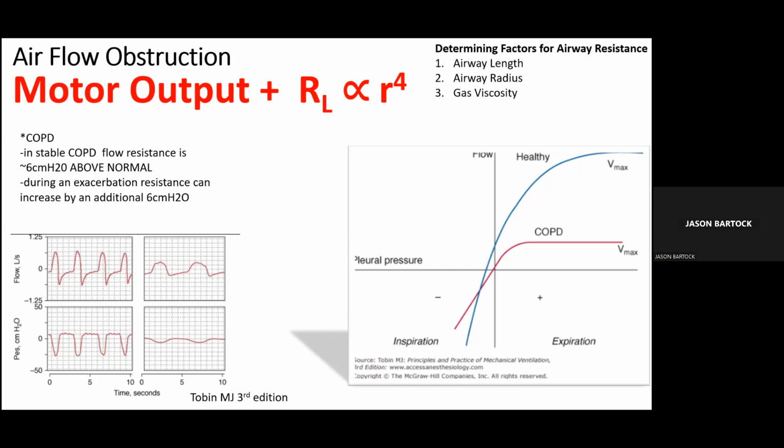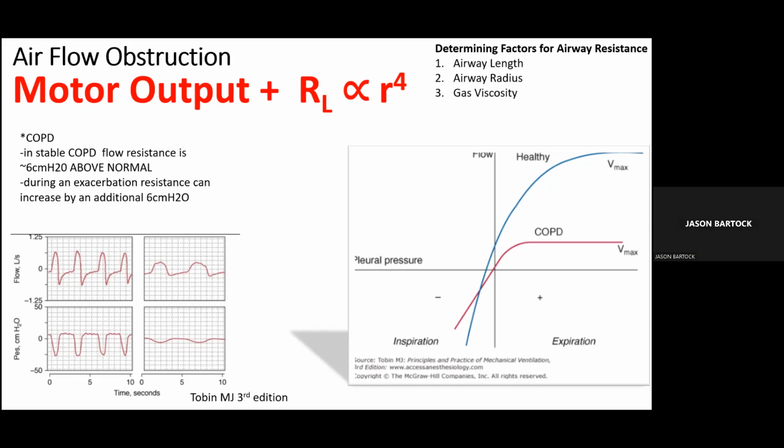And when it comes to airflow obstruction, this is a problem with exhalation, not necessarily a problem with inhalation, right? So your COPD and your asthmatic patients have pretty much no or very little work to breathe air in. All of the work comes with trying to exhale across a fixed resistance, right, or a drop in total diameter across these small, medium, and large airways, right?